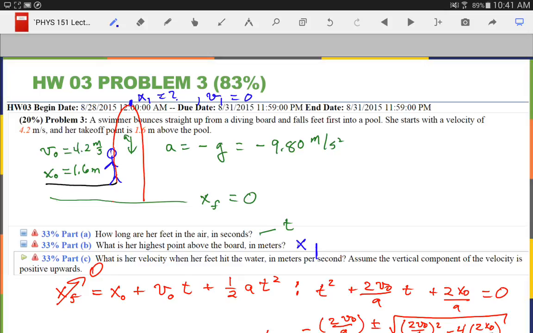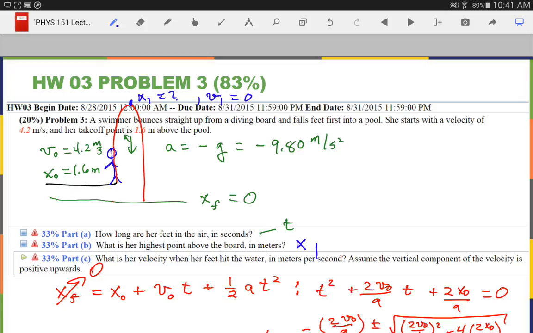So now for part B, I have to look and say, okay, what variables do I know and what do I not know? What am I looking for? And for part B, I know the difference in velocity between the two locations. I'm looking for the distance in elevation between the two locations, and I know g, and I don't care about the time.